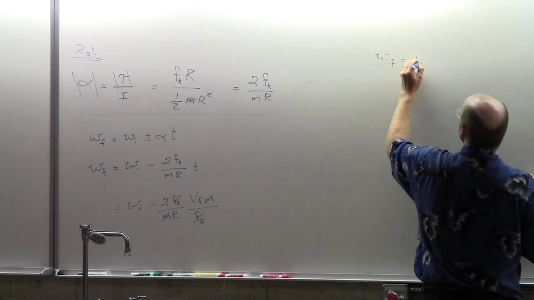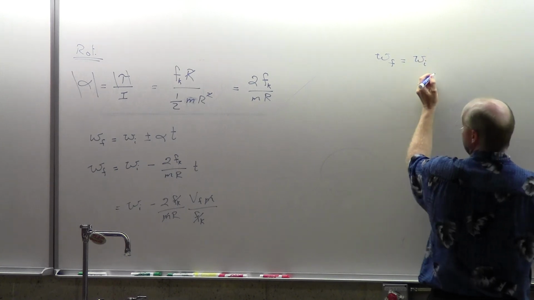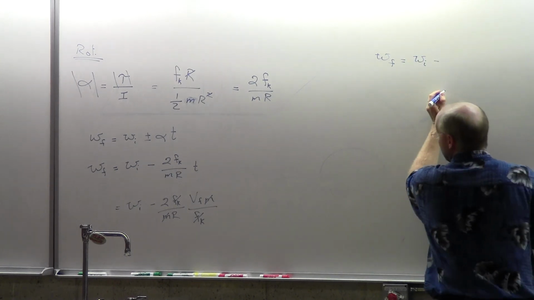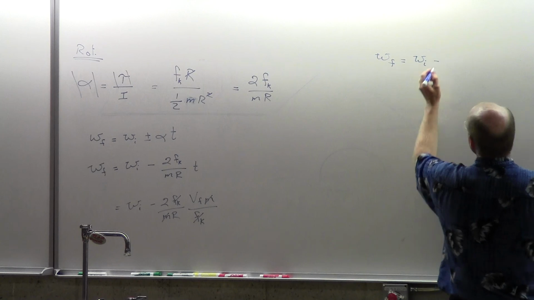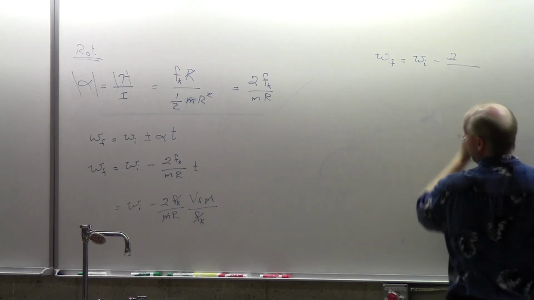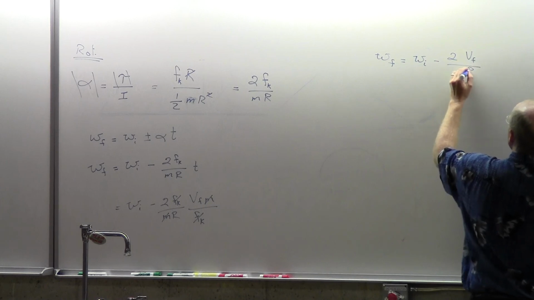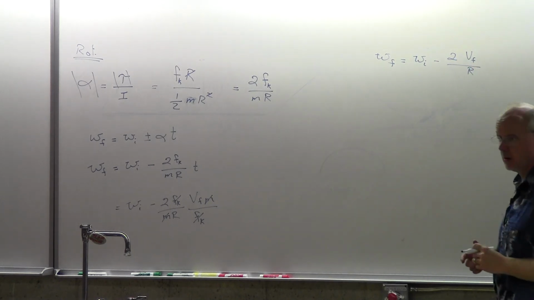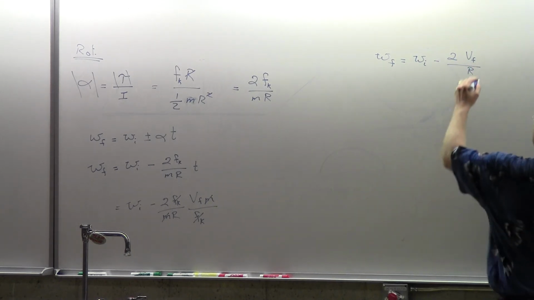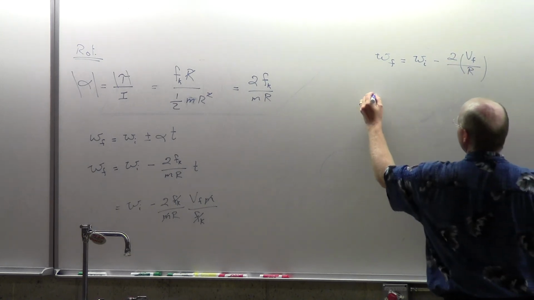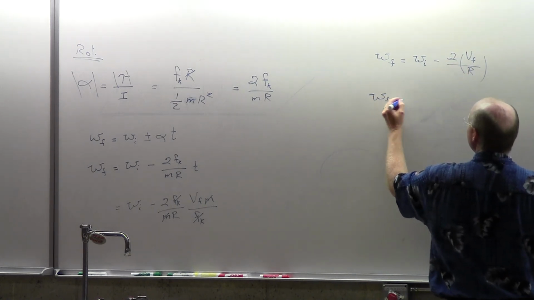Now I can keep working on that equation. Final speed is equal to initial speed minus, and in the top I got a 2, and in the bottom I got a final speed over radius. Ooh. So wouldn't that be negative? Yeah, isn't that final angular speed?